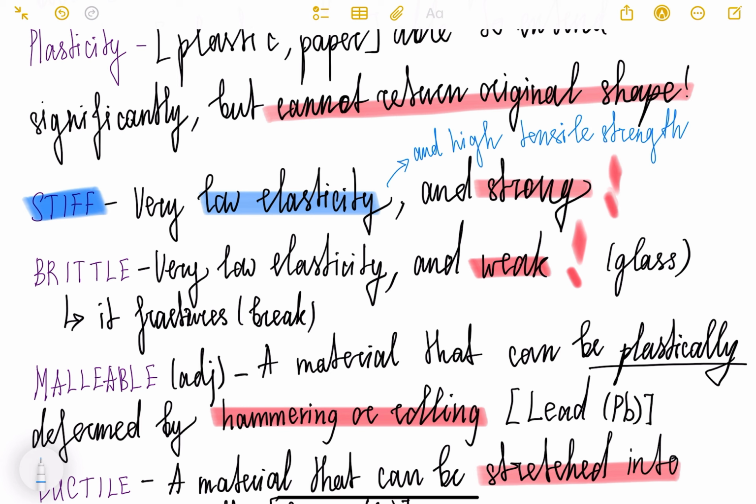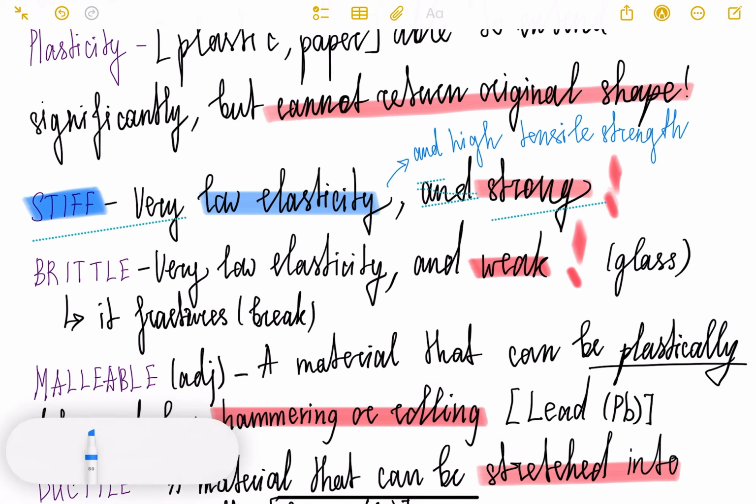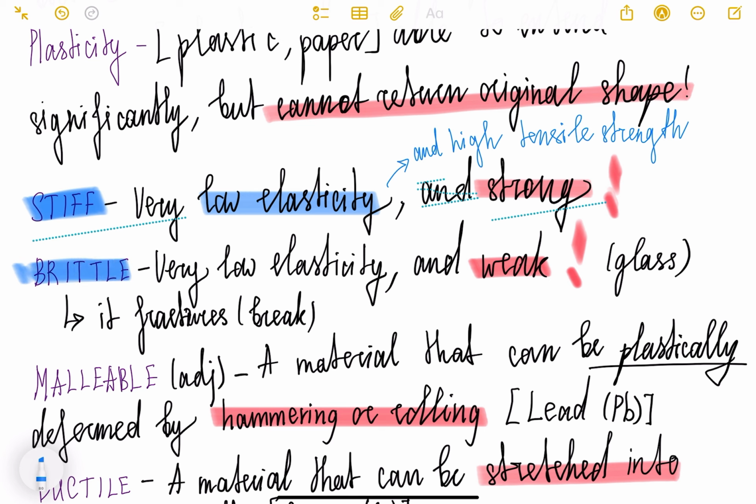Next, if a material is brittle, it has low elasticity and low tensile strength.